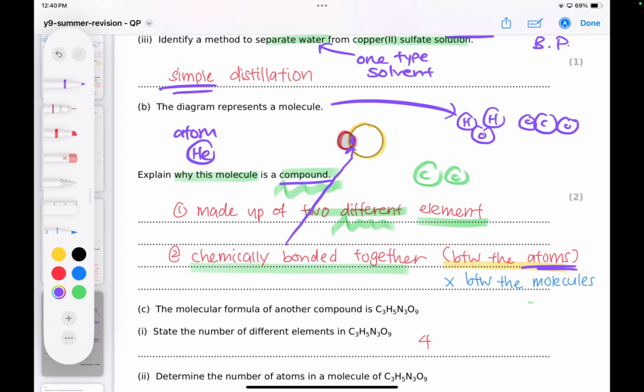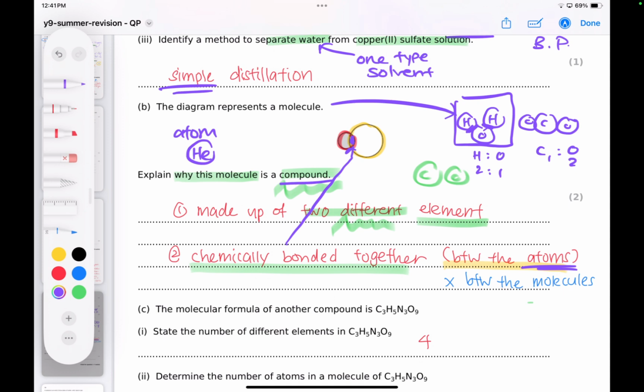A compound will always have a fixed number of atoms of elements. Say for example, carbon dioxide is always going to be 1 carbon and 2 oxygen. This number is always fixed. For water, it's going to be 2 hydrogen and 1 oxygen. And what is keeping this entire thing together is the chemical bond between the oxygen and the hydrogen.